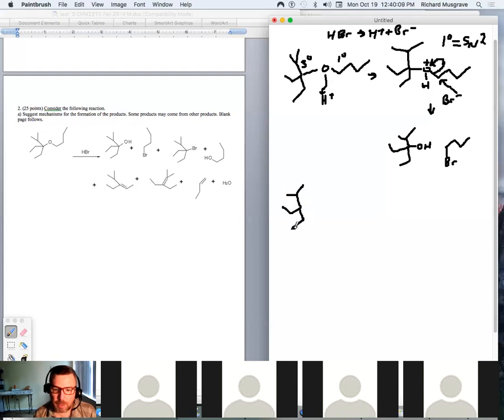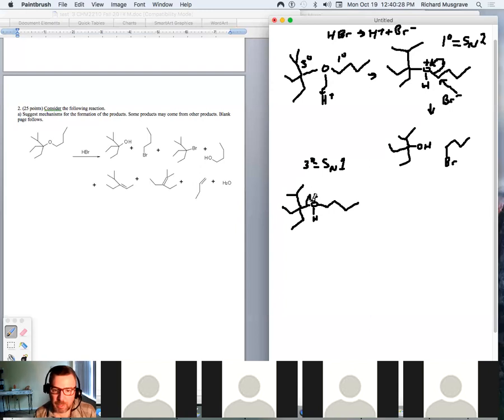So what I'm going to do now is use the same thing as what I had up here, and show what the tertiary or Sn1 attack would look like.